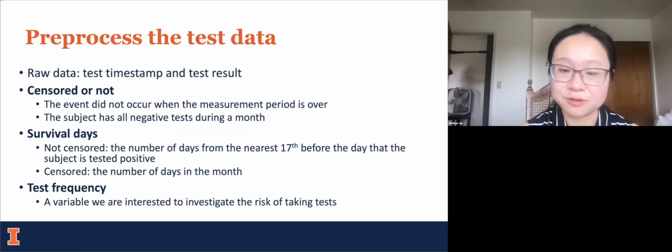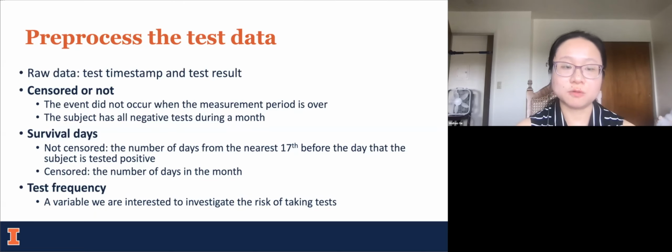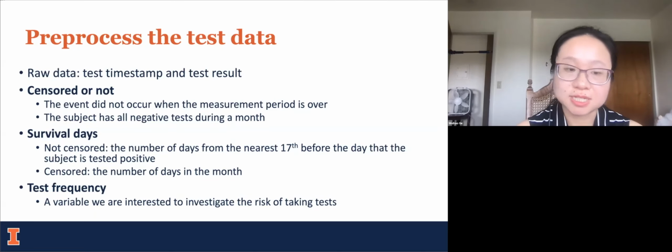So some people are very concerned about whether taking tests itself brings risk. So we use the test frequencies to show if it's risky or not. Theoretically, if the test itself brings more risk, then the higher the frequency they take the test, the less likely they could stay negative. That means they will have a shorter expected survival day.